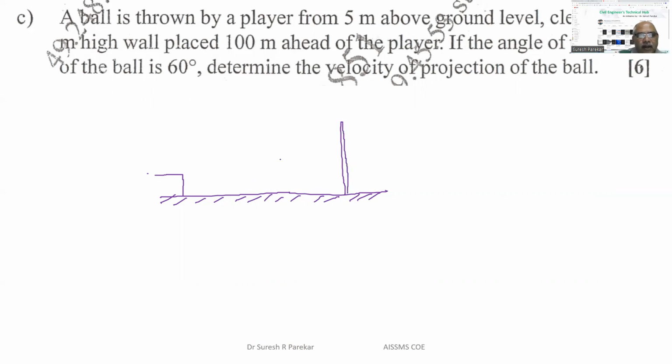Now we have the ball over here which is at 5 meters. So I have this distance as 5 meters. The 25-meter high wall is placed 100 meters ahead. So I have this distance 100 meters. And for the 25-meter wall, we have this distance 25 meters.